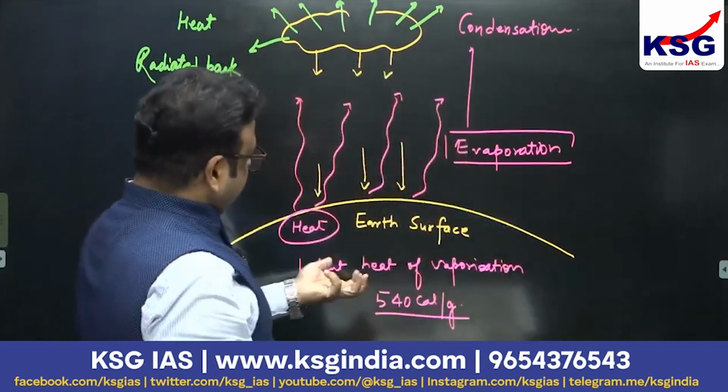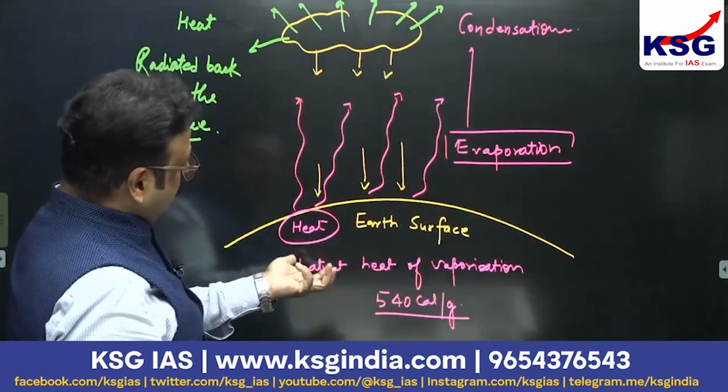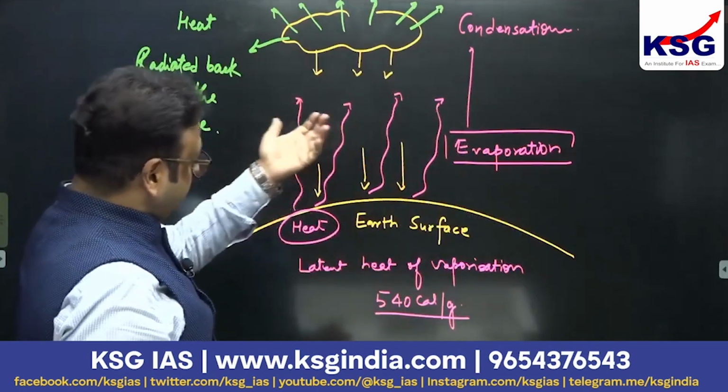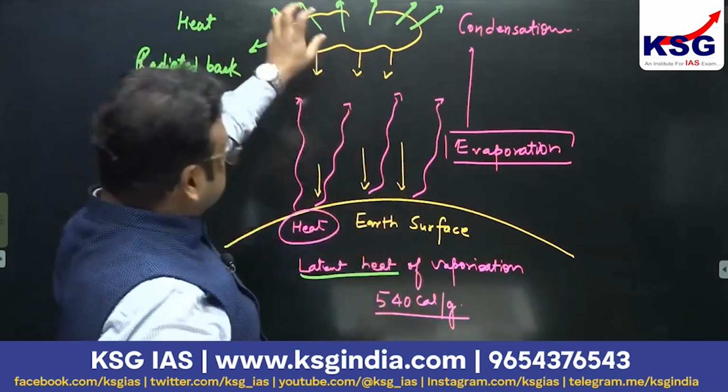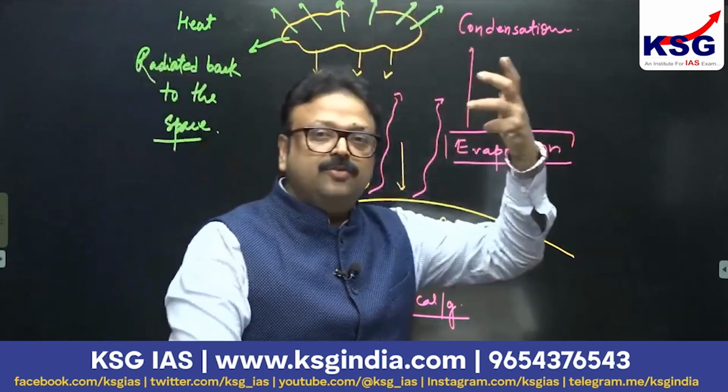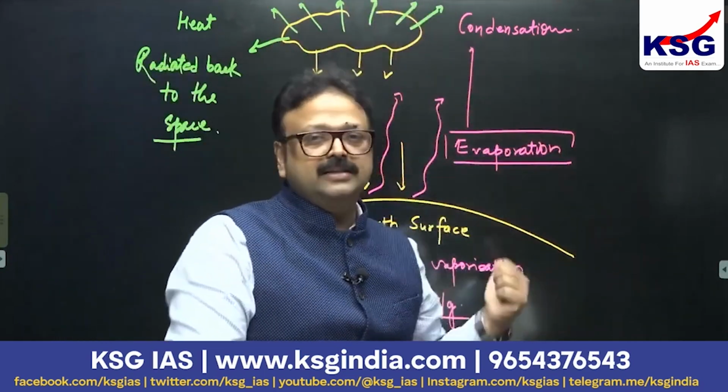Every time the water is falling in form of rain, drops get evaporated, absorbing this latent heat of vaporization, get condensed, releasing the heat, latent heat of condensation, and then again there is rainfall.